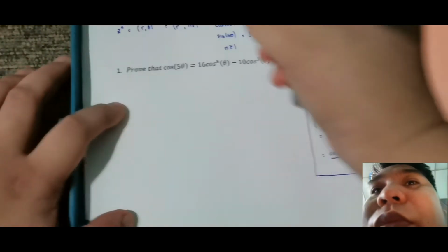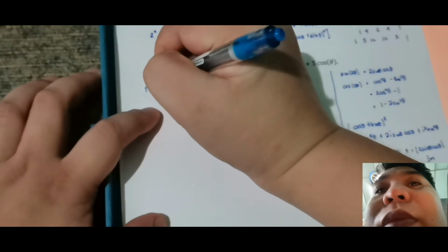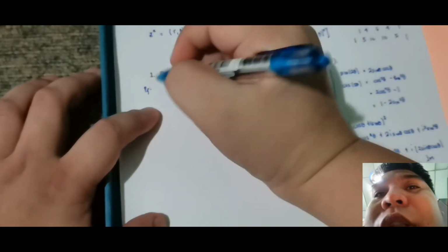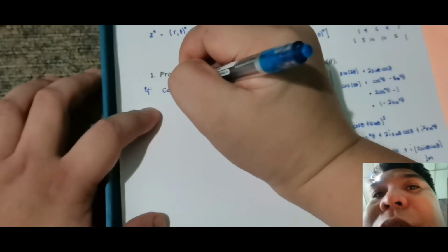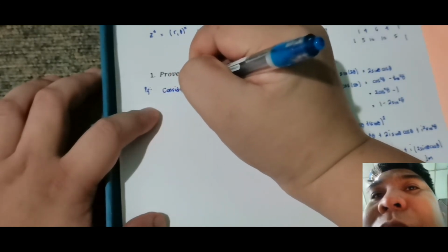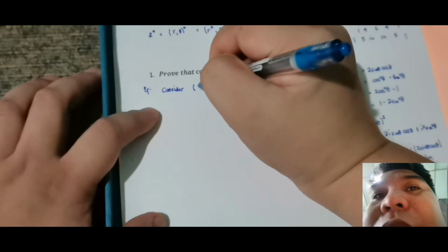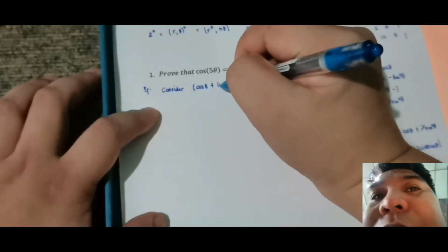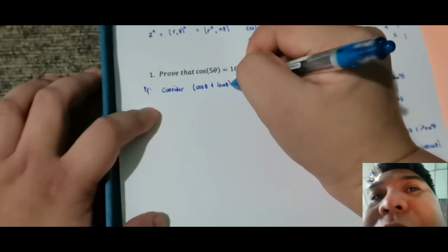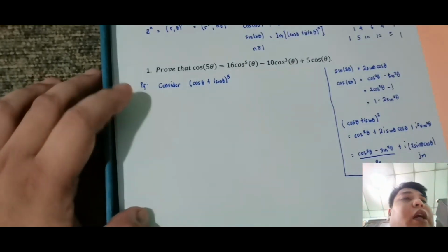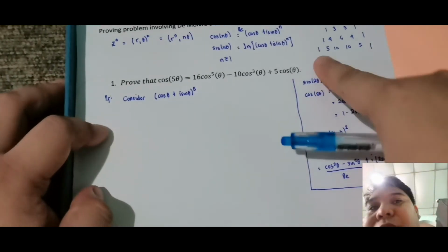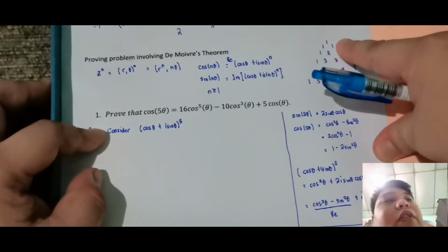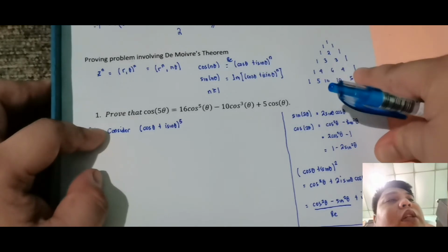So this is the proof. So cosine 5 theta, so consider natin si cosine theta plus I sin theta raised to 5. Okay, so using yung Pascal triangle, yung coefficient sa Pascal triangle, so sabi nga, ito yung raised to 0, raised to 1, raised to 2, raised to 3, raised to 4, raised to 5.